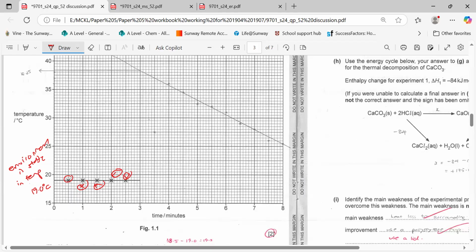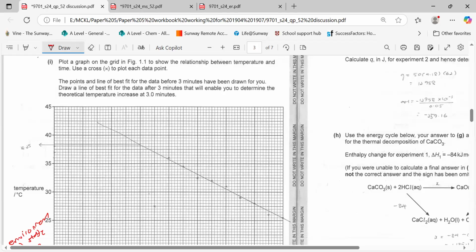And the problem now is you don't know how much your lab contributed to that particular reading. So to get rid of this, normally we require you to do a 2.5 minute checkpoint, to see whether your lab is stable or constant in terms of temperature. And then draw a line of best fit for the data after 3 minutes, which will enable you to determine the theoretical temperature. Theoretical, this part. That means you need to extrapolate back.